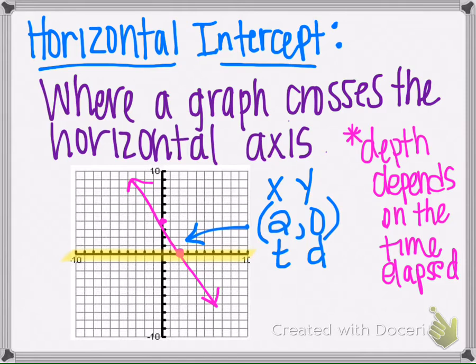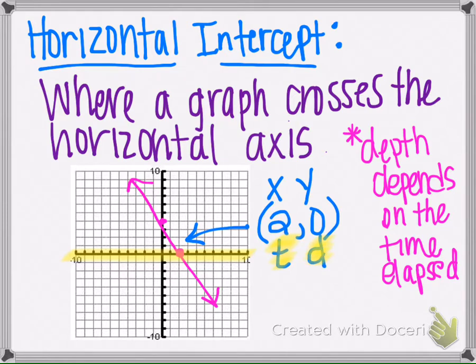Since we know that the depth, or how much the hole is filled up, is dependent on how much time has passed, the depth is the dependent variable and the time is the independent variable. So that is how we know that the time is the first one in the ordered pair and the depth is the second one.